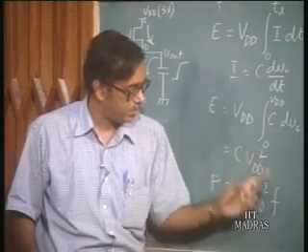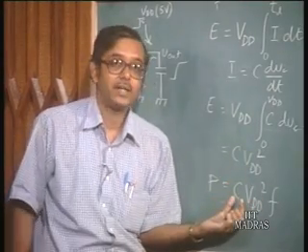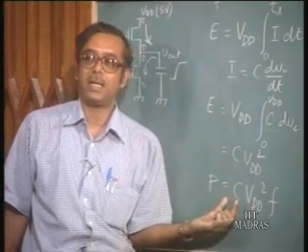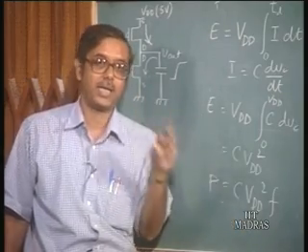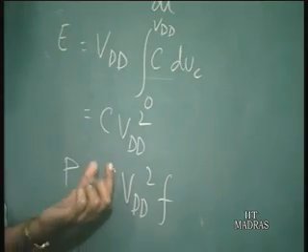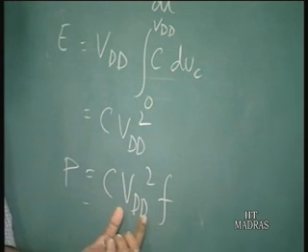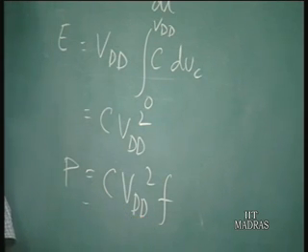The only way to reduce the power dissipation, of course, you can reduce the capacitance. Capacitance is proportional to area. So if you reduce the area or reduce the dimensions of the individual devices, C will go down. Another way to reduce the power dissipation is to reduce VDD squared. This is one of the reasons why nowadays the power supply voltages are going down.